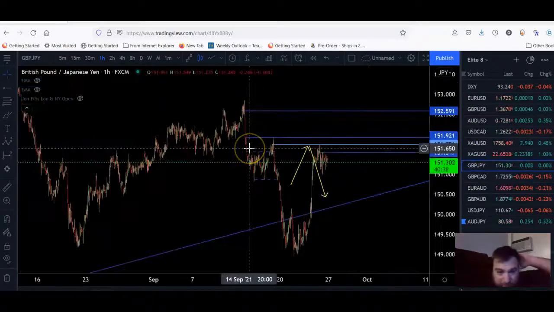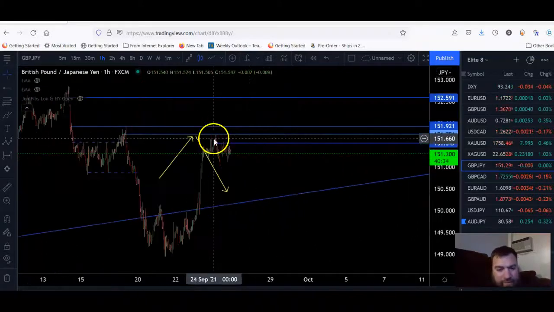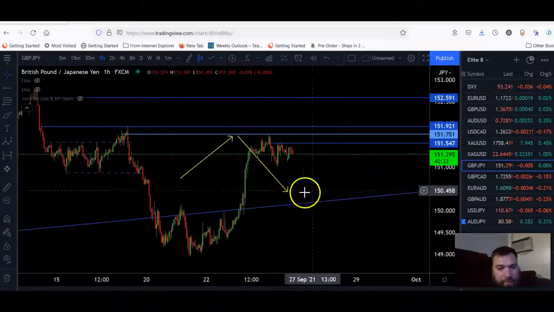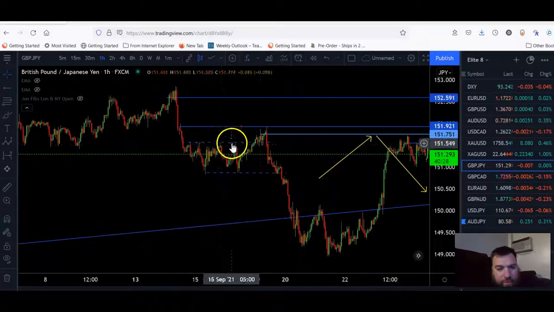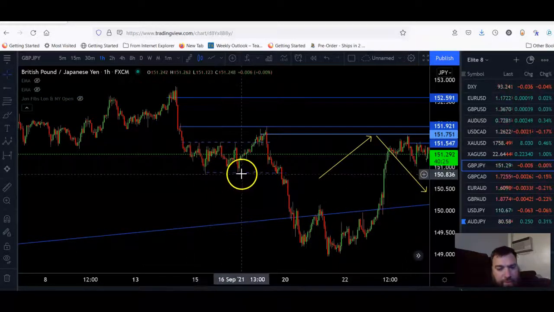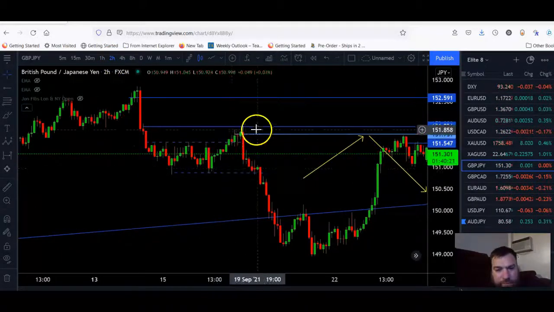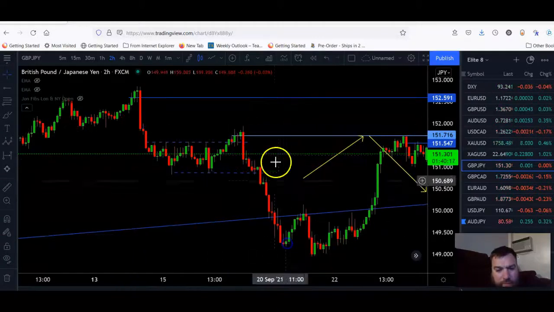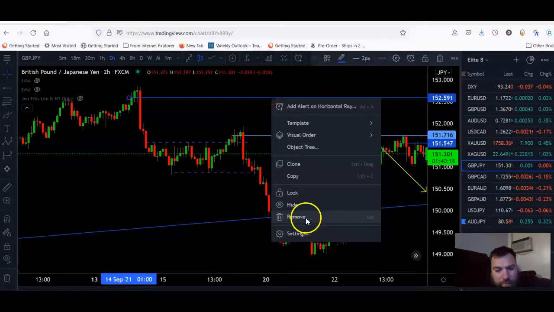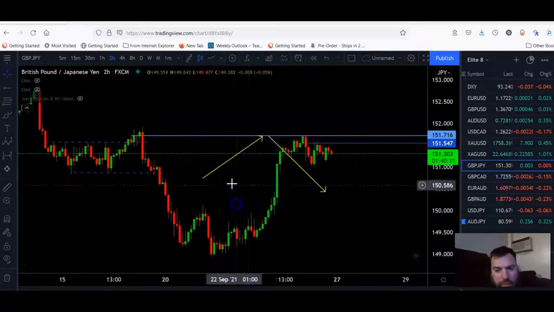Great Britain pound Japanese yen. Don't normally trade this. See, you had these equal highs, equal lows, shot up, came down. Let's get rid of all this. Okay.